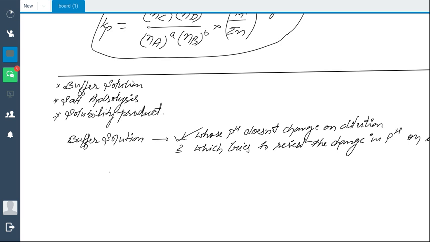Tell me, friends, if you have got a 10 raised to power minus 1 molar HCl, we mean that 0.1 mole of HCl is added to 1 liter water. Do you agree with this part, beta?